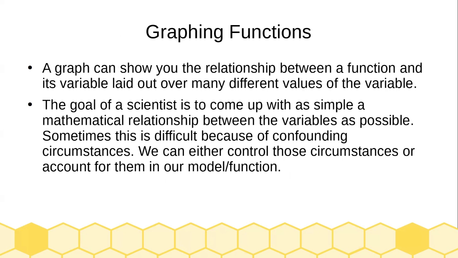So a graph can also show you the relationship between a function and its variable laid out over many different values of the variable. So the goal of a scientist is to come up with as simple a mathematical relationship between the variables as possible. Sometimes this is difficult because of confounding circumstances, which can either be controlled or accounted for when we come up with our function.